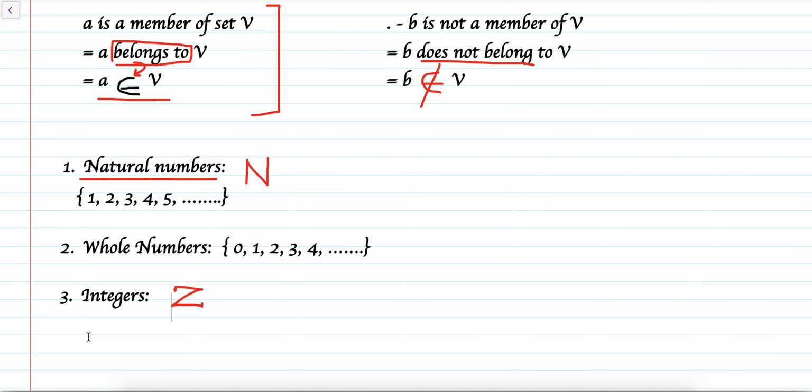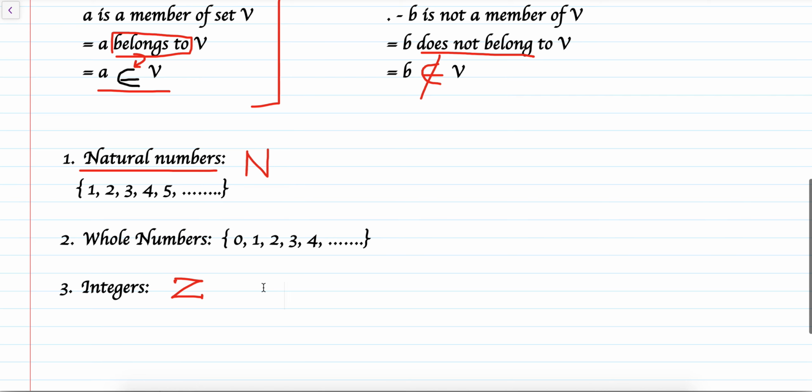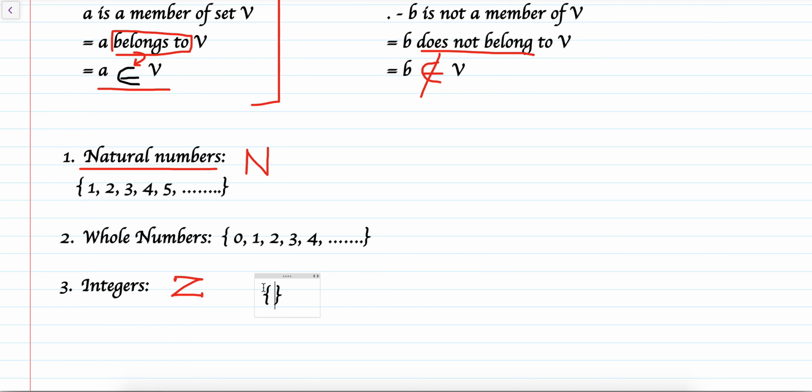The integers would be natural numbers, whole numbers, and then negative natural numbers. So you can say that it starts from negative infinity, then -3, -2, -1, 0, 1, 2, 3, and so on. So it extends from minus infinity till plus infinity.